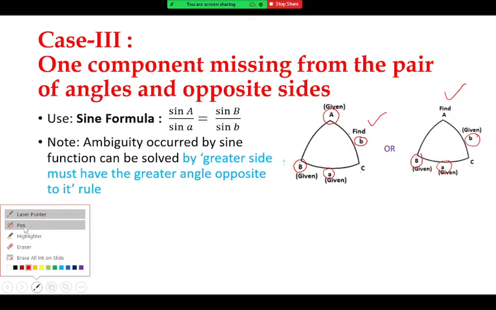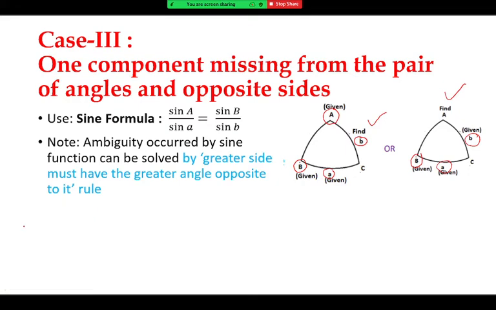Let me show you here also. Suppose we want to take sine inverse of 0.5. Can you tell me what the answer should be? Is it 30 degrees? But that is not the only answer.